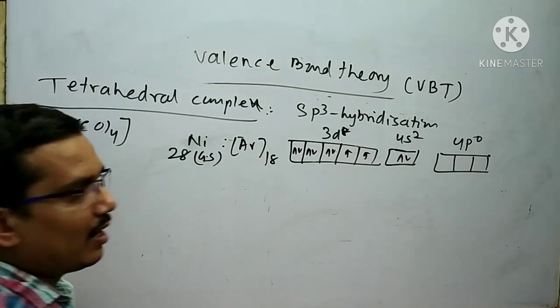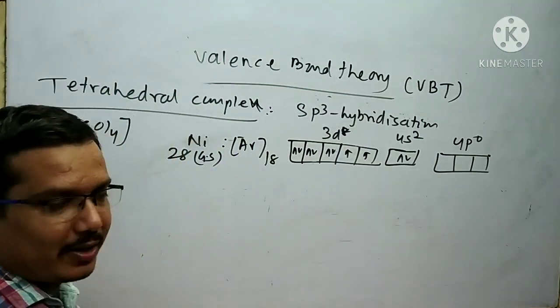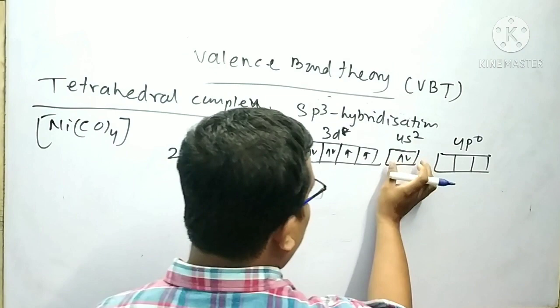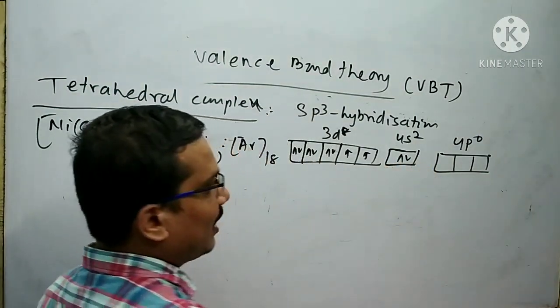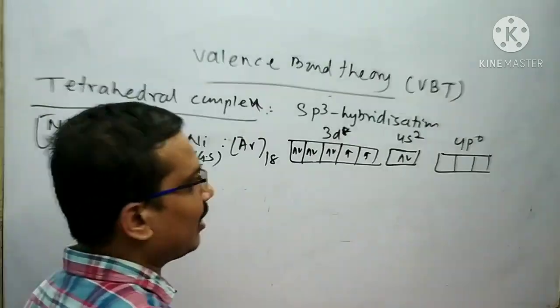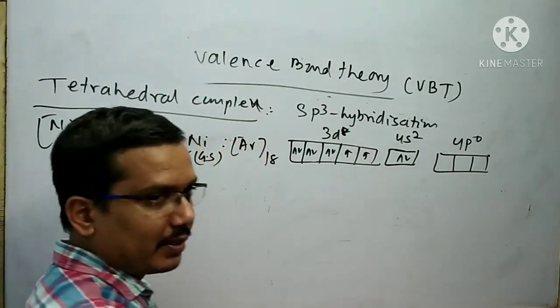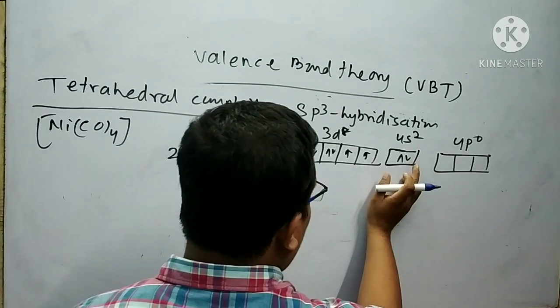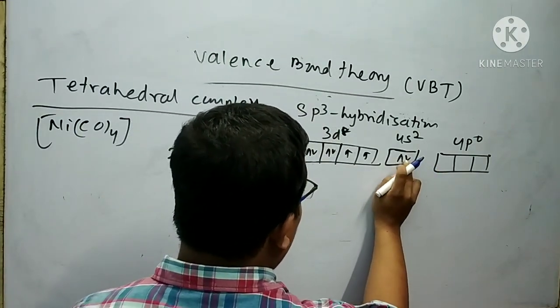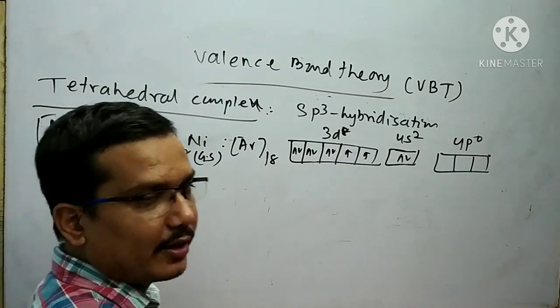We need 4 sp3 hybrid orbitals. For sp3 hybrid orbitals, we need one 4s orbital and three 4p orbitals, and the orbitals must be empty. So in the next step, we shift these 2 electrons to the 3d orbital.